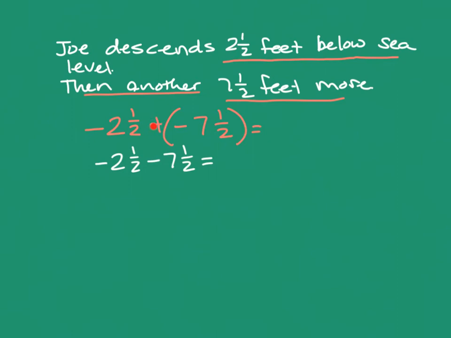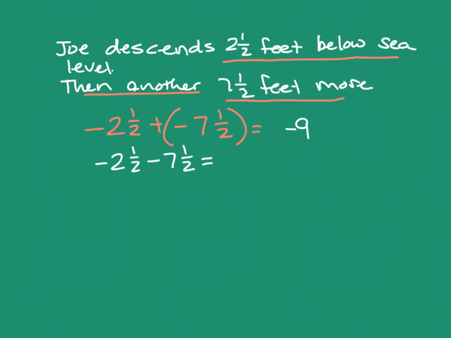I show that I'm putting together the 2 negatives here. Here I just have the 2 negatives there, and it's takeaway. So it's a similar thing. Anyway, so in order to add these together, I know I'm going this deep and then this deep more. I can take my whole number amounts, 2 and 7, that's going to give me a -9.